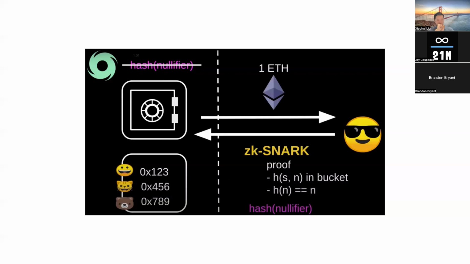But what do you mean by going back to square one? Is it that you can make a correlation with who the hash belongs to? Yeah, because let's say Alice has a nullifier hash of 1 2 3, and you are using this scheme. We're saying, hey, we don't know which one it is.